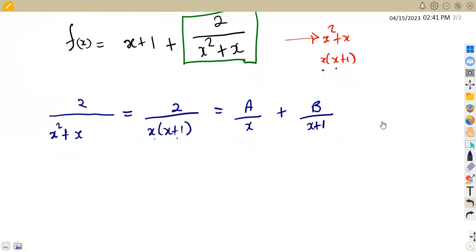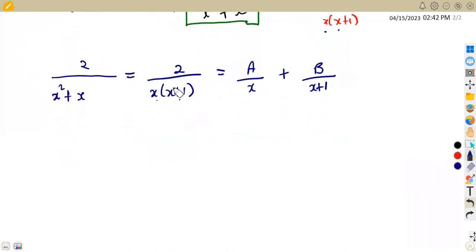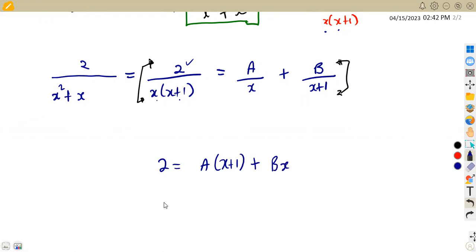So we are going to determine the value of a and b by focusing on the factorized form. So equating the numerators, 2 is equivalent to a. If we divide this LCM by x, x will cancel, and you remain with x plus 1, so this is going to be a times x plus 1, plus b. If we divide by x plus 1, we remain with x, so it is going to be bx.